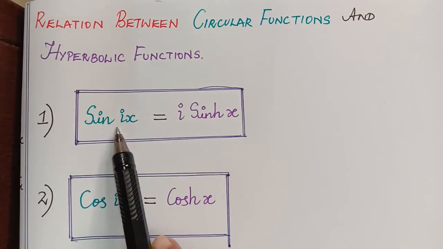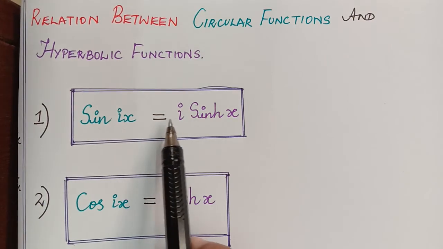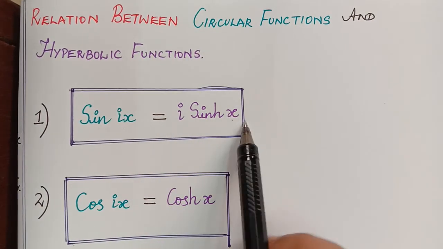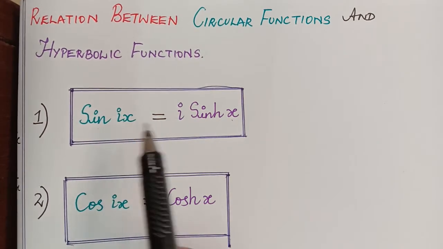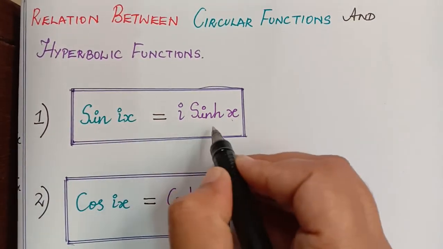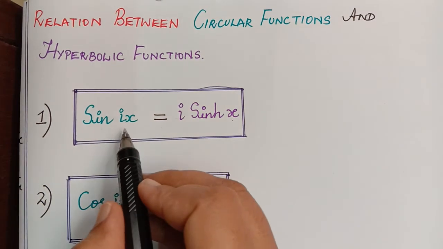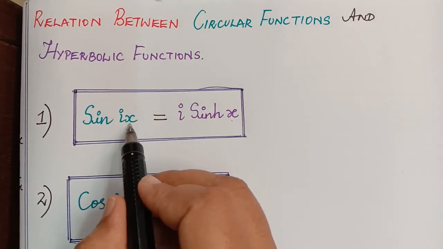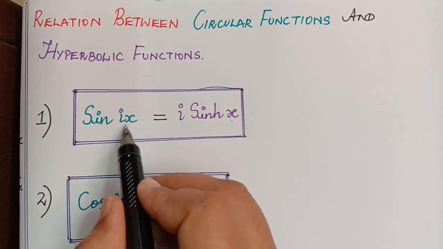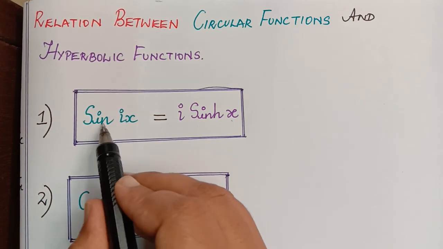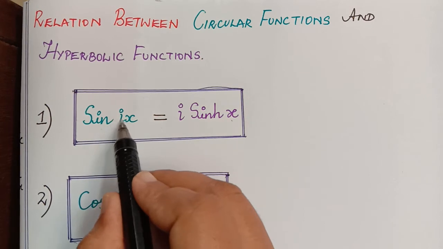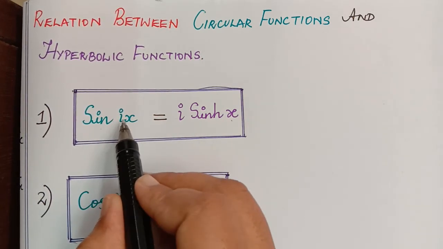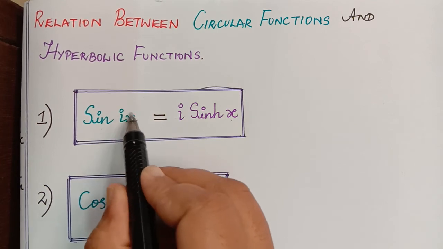So sin ix is equal to i sinh x. This is a hyperbolic function. You should remember very carefully that this i should come along with the angle. By mistake, students write sin i here. They join this i with the function. It's wrong. You should write this i with the angle.